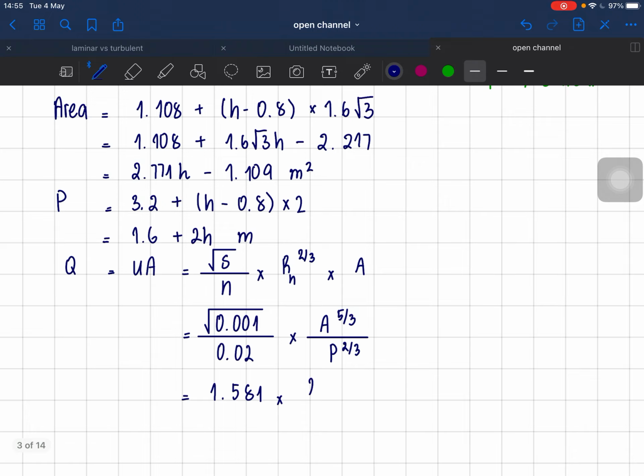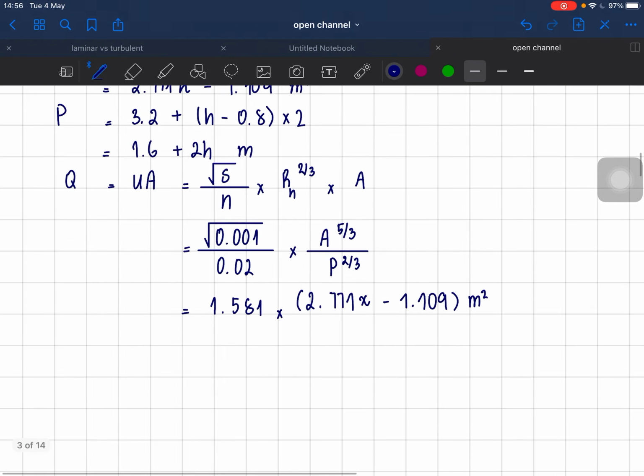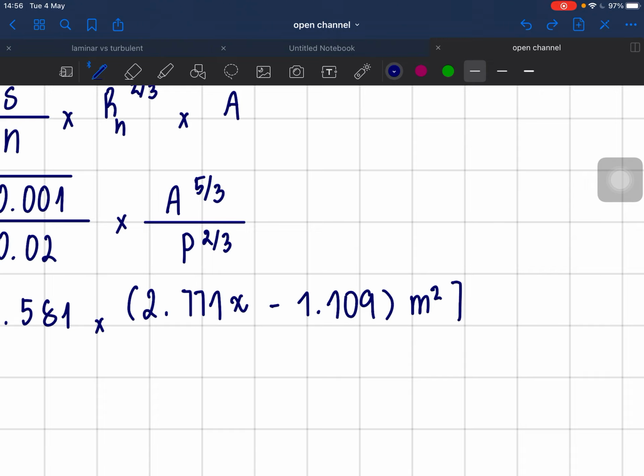It's 2.771 h, I'll say x, because in the calculator we're going to use x, minus 1.109, like this, meter squared, and then we get everything here, to the power 5 over 3.